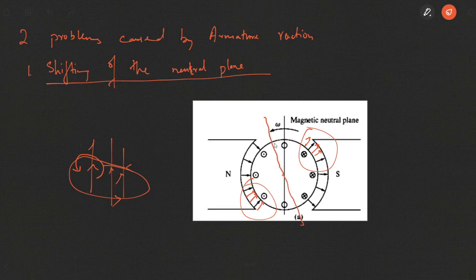It will be along this direction, at which the induced EMF will now be equal to 0. So the magnetic neutral plane, where the EMF was supposed to be 0, now gets shifted.